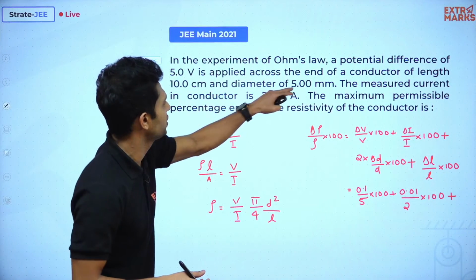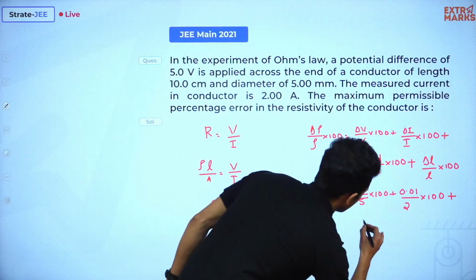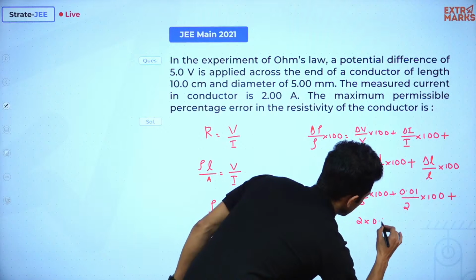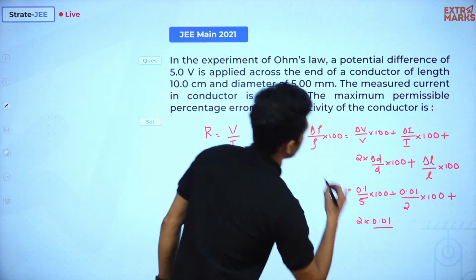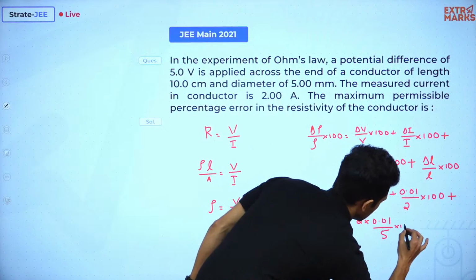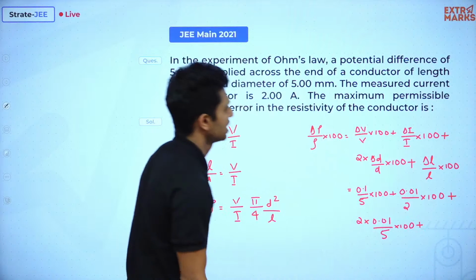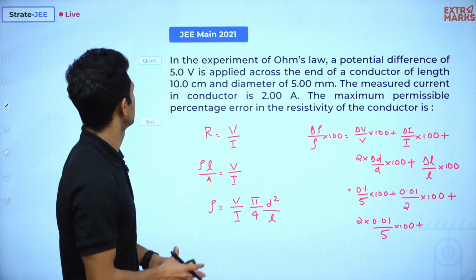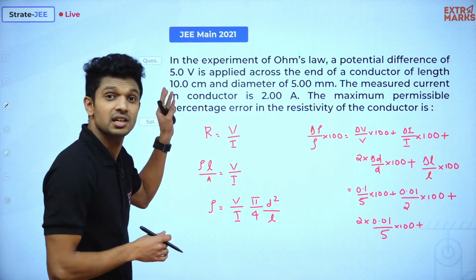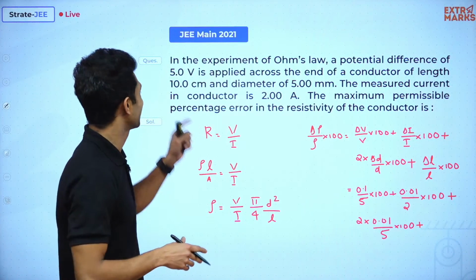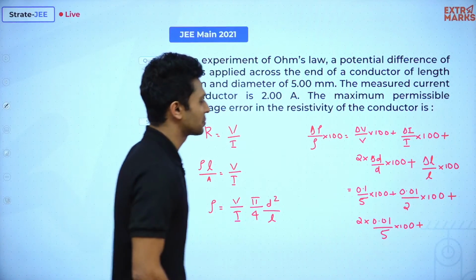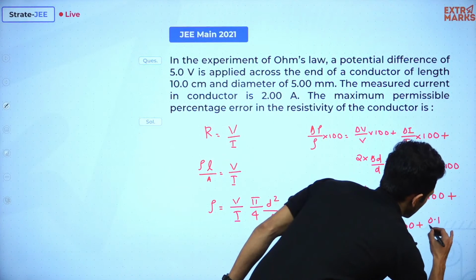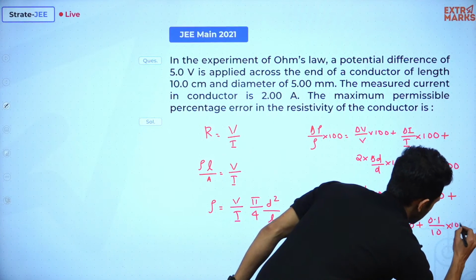Where do we have that? It is 0.01 once again. So 2 times 0.01 divided by 5 into 100 plus. What else? Where is the error in length? So 10.0, 0.1 is the error in the calculation of length divided by 10 into 100.